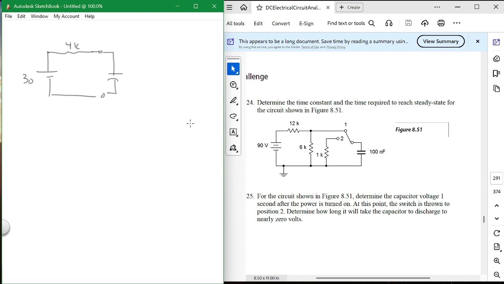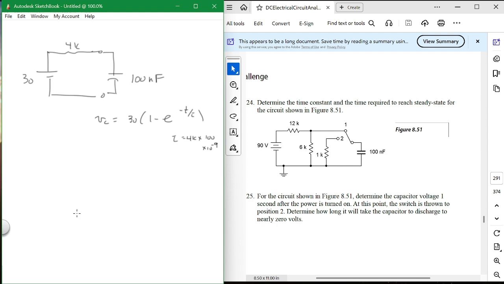So what is your answer for the charging cycle? V sub C is equal to what? 30 times (1 minus e to the minus t over tau), where tau is equal to what? 4K times 100 times 10 to the minus 9th.